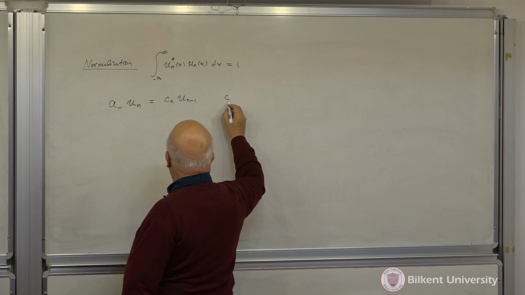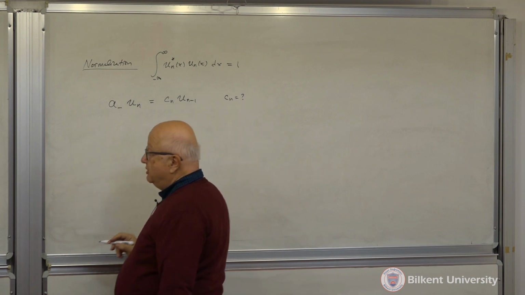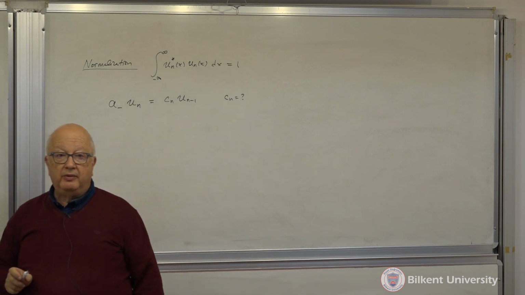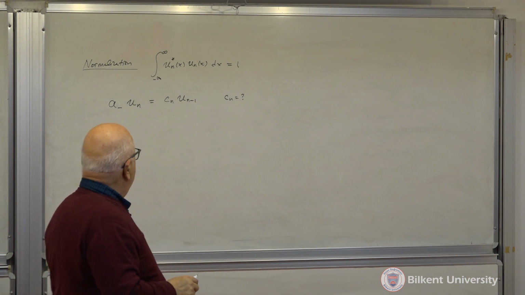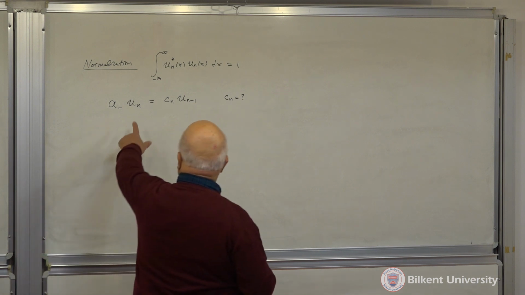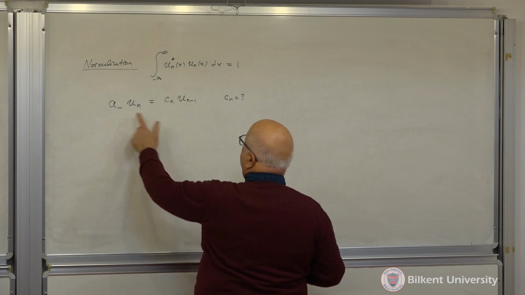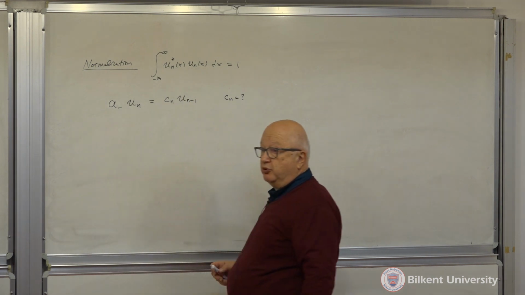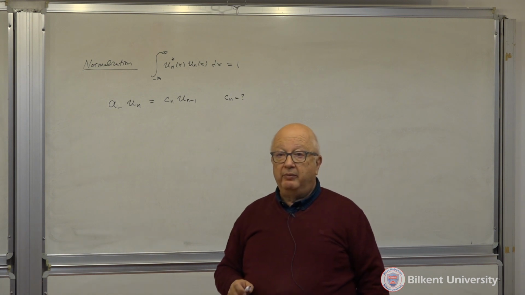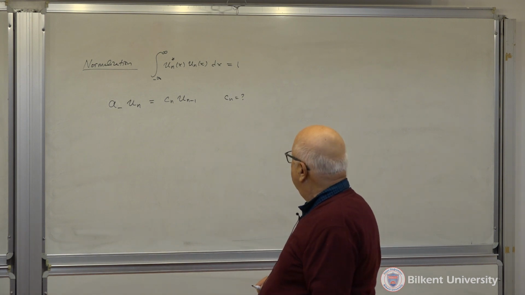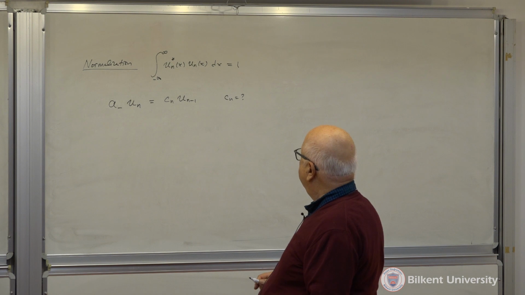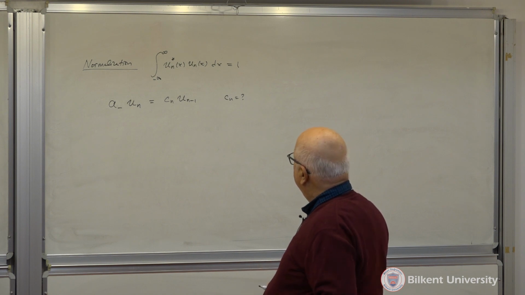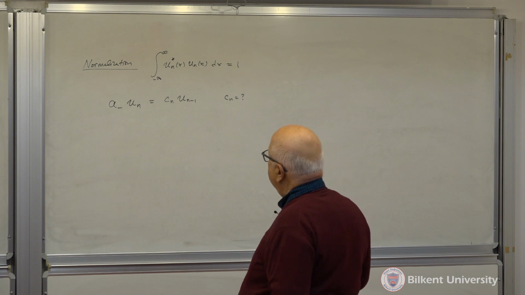But the problem is, what is this Cn? These UNs are normalized, but when I go from one UN to another using this a plus or minus operator, I am going to get a constant.